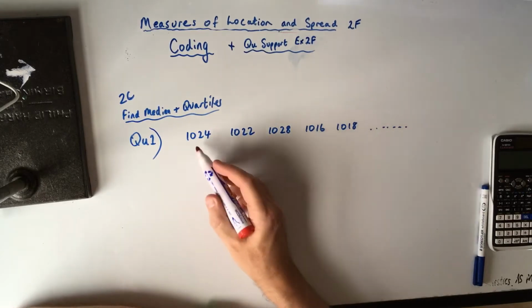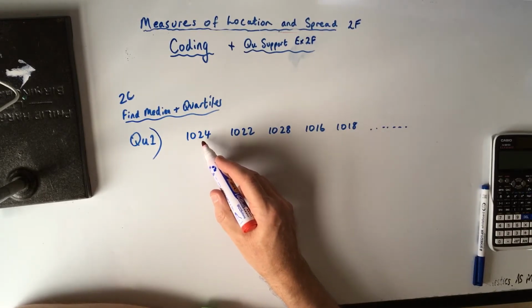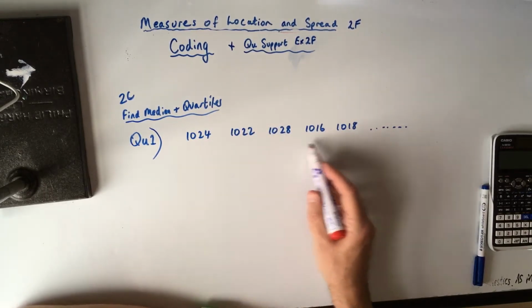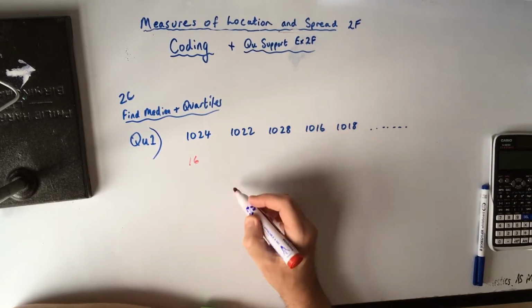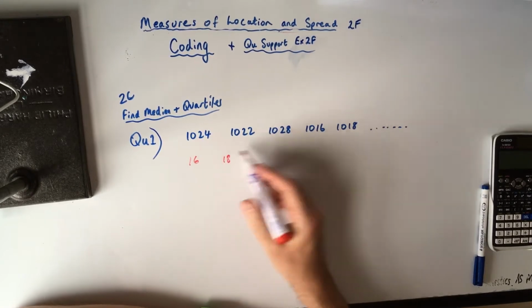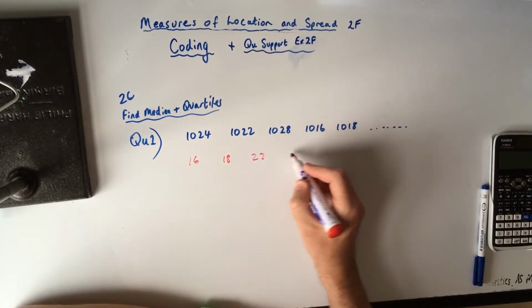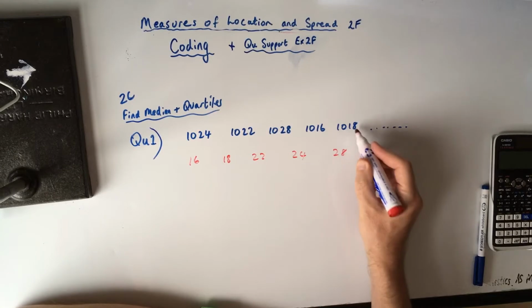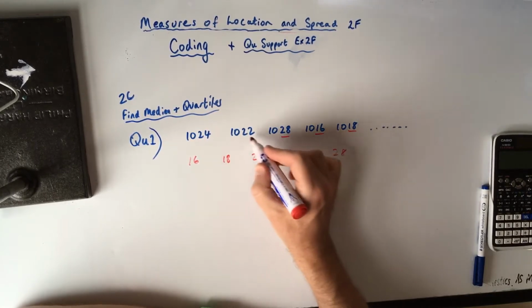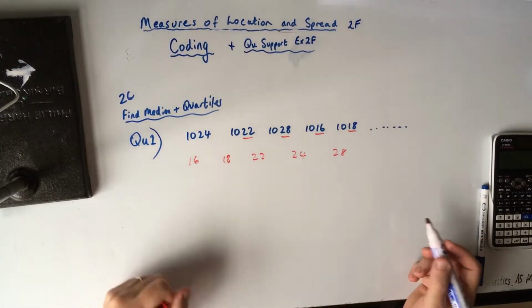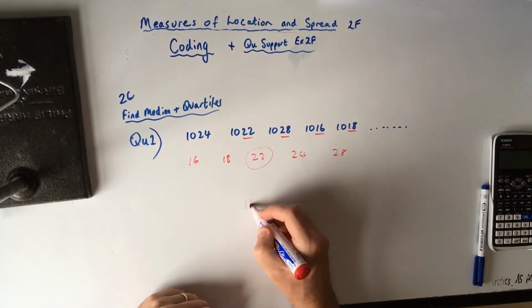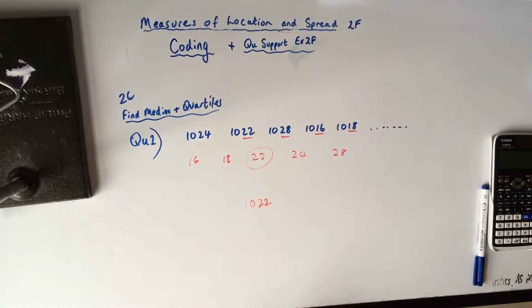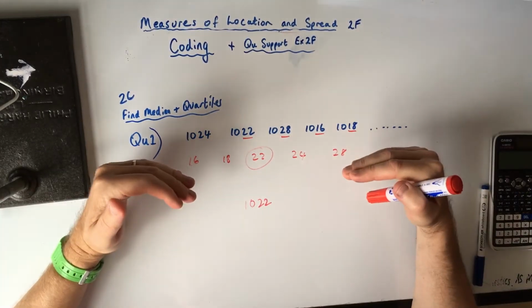When you put them in order, rather than write down 1,000 and, what's the smallest one there, 1,016, just write down 16, and then 18, and then 22 and 24 and 28. Just take the last 2 digits, and then when you find the median here it is 22 because it's the middle number. Remember, it's not really 22, it's 1,022. Okay, so remember me doing that.